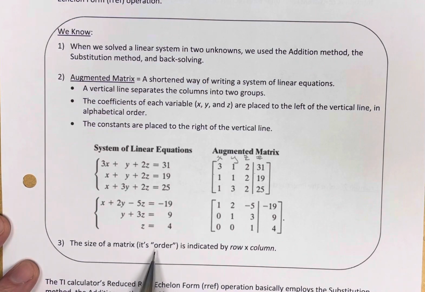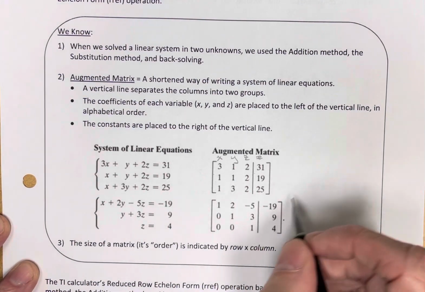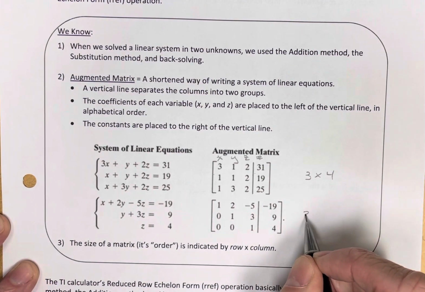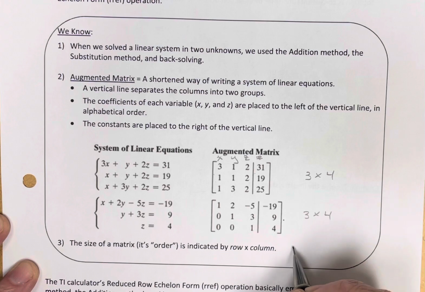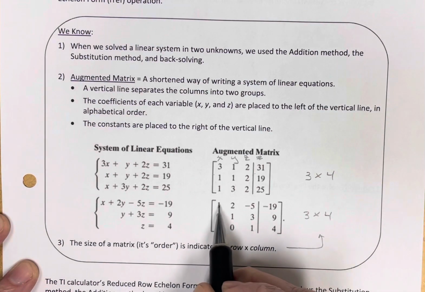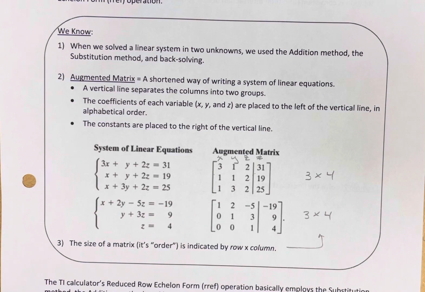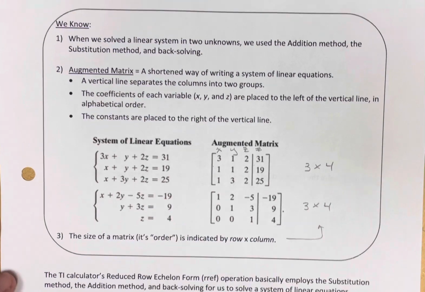We also know that a matrix has a size. It's called its order, and it's indicated by row by column. So these two augmented matrices have size 3 by 4, 3 rows and 4 columns. We need to know that for our calculator.